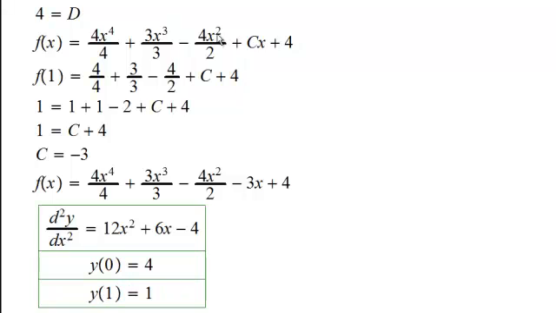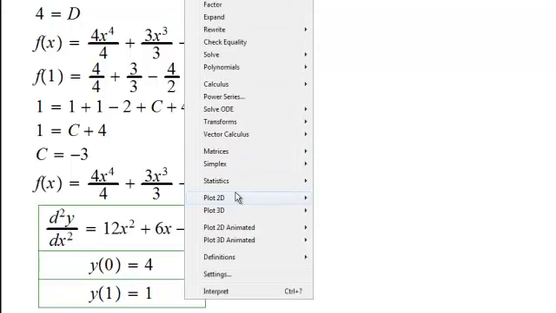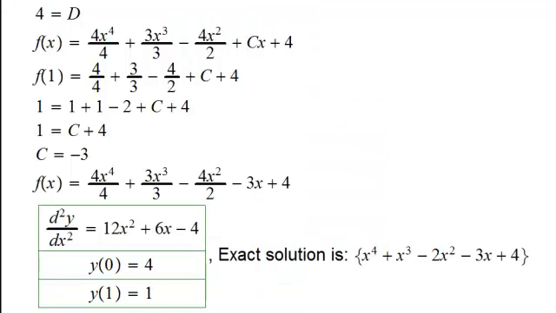Let's check the answer. Hopefully it will be nice to us this time, and it is. I was lazy, didn't cancel 4's here, didn't cancel 3's here, so it gives us a better looking answer. That is the value of f of x, the one that we found analytically ourselves. All right. So again, nice to meet you all.